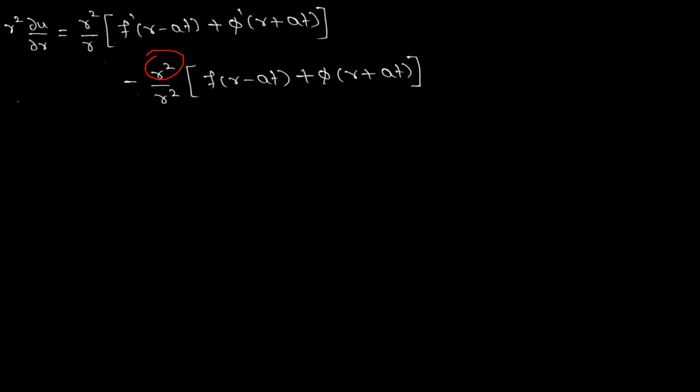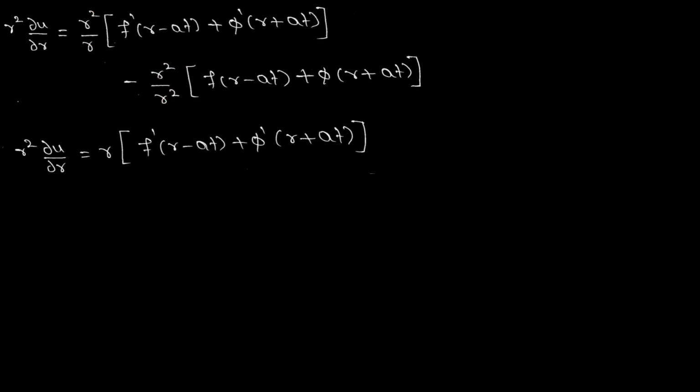Now what happens? One r gets cancelled with this one r and r square gets cancelled with this r square. So what remains is r here and here r square gets cancelled. We got this.